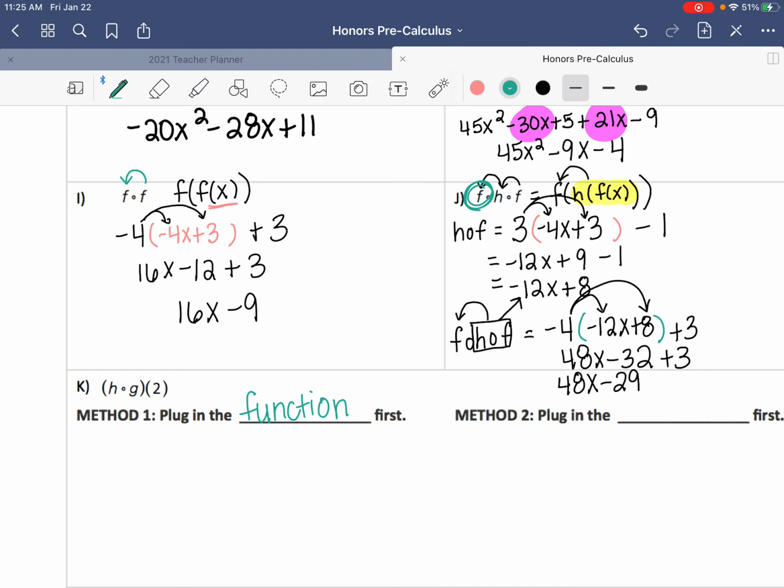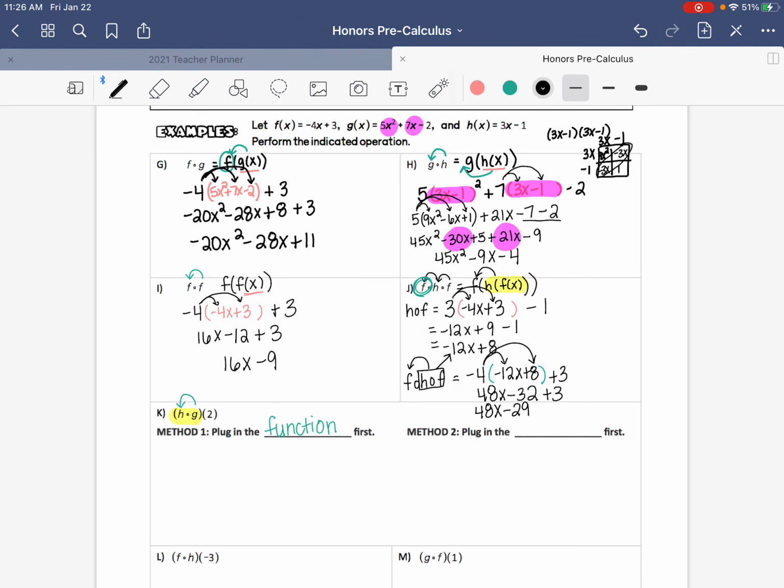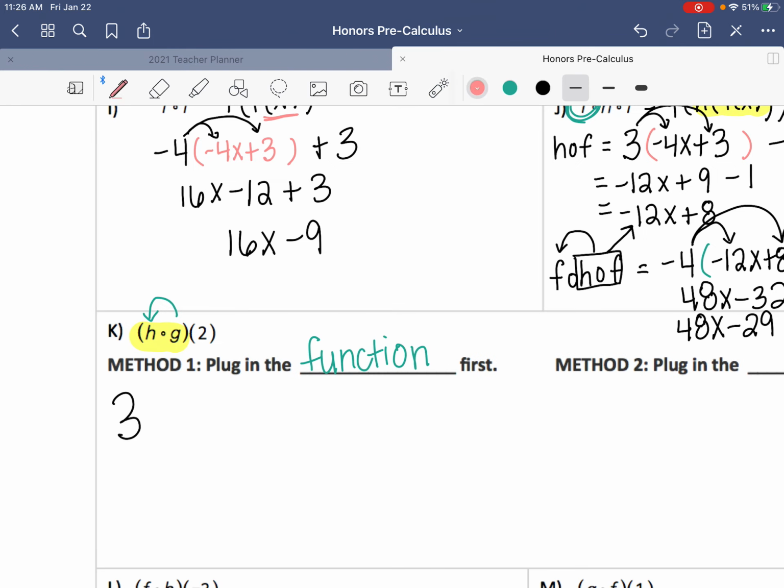So you're going to forget about that 2 for a minute, and you're going to plug in that function first. So we're going to start by just doing this h of g. So I'm going to take my g and I'm going to plug that into h. Okay, so I'm going to start by getting my base, which is the h function. And I have 3x minus 1.